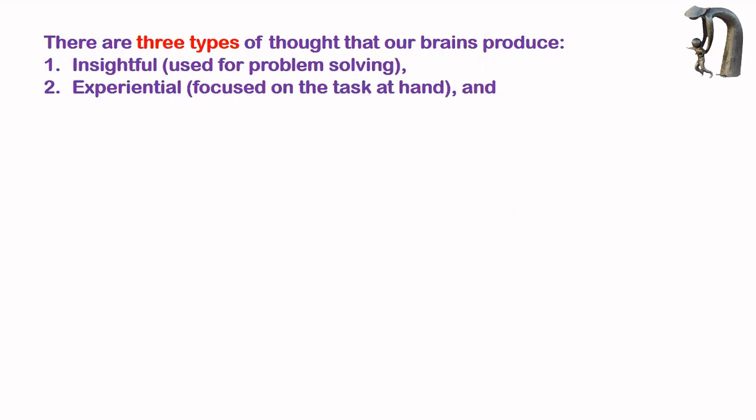So there are three types of thought our brain produces. One is insightful, used for problem solving, then experimental, as I said, and then chatter, which is talking informally, which is not very important.